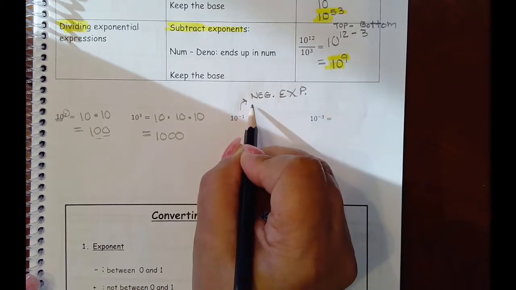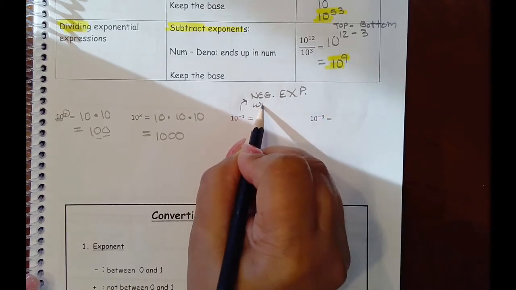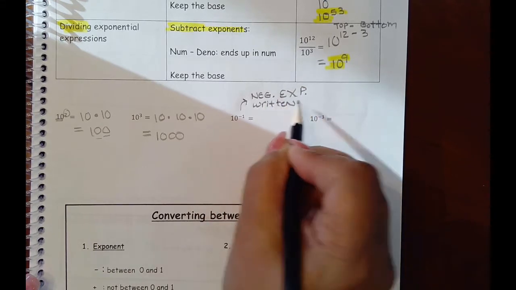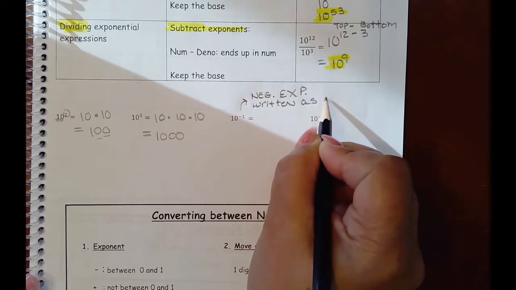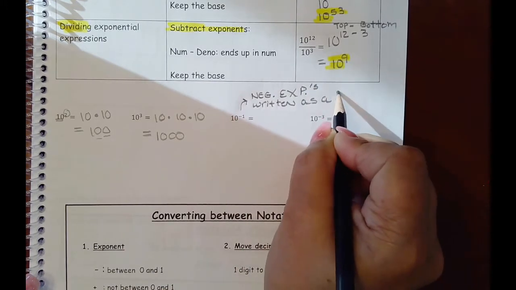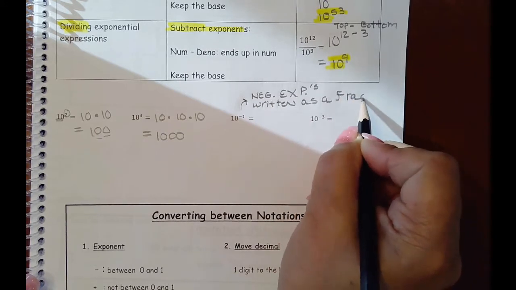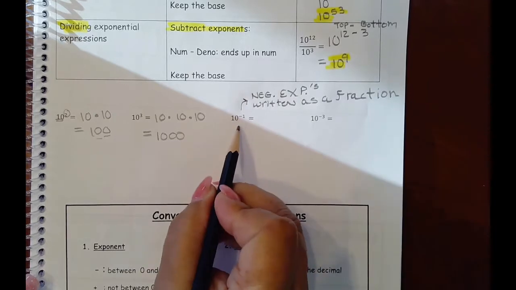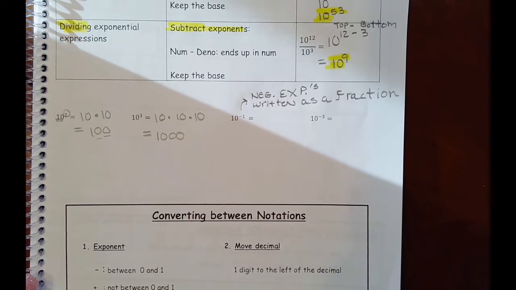A negative exponent is defined as a fraction. That's what negative exponents mean. You're going to rewrite this as a fraction, and when you do so, it takes away the negativity of the power. In fact, sometimes the directions are going to say rewrite this without the negative exponent.